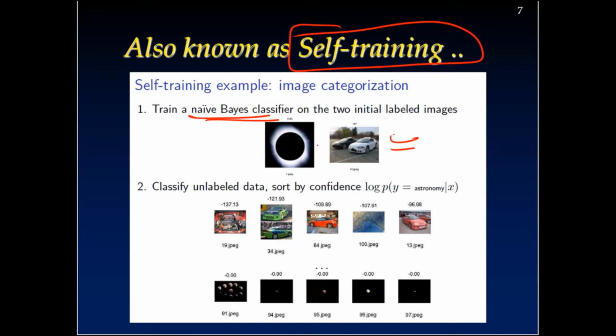The idea is to classify these images, and several images are given. The first two images are labeled data. We know that one is an image related to astronomy, the other one is not, and that's well classified and given to us. There is also unlabeled data, the ones below.